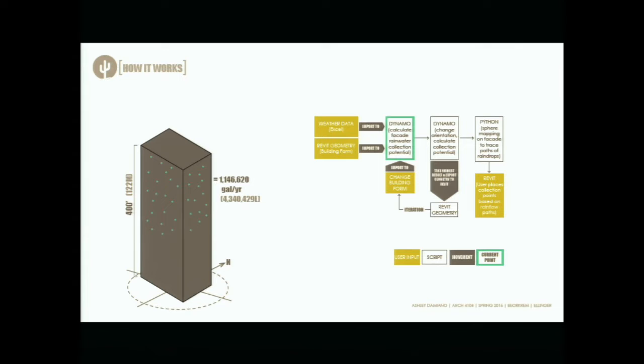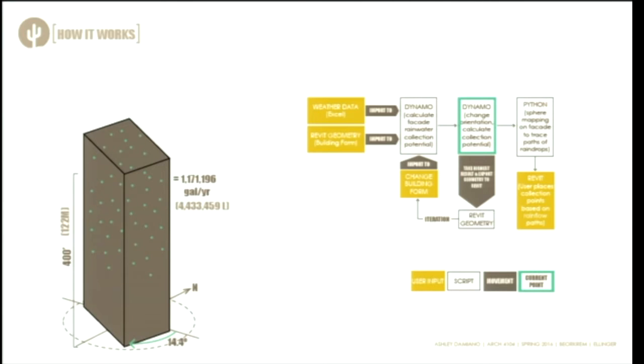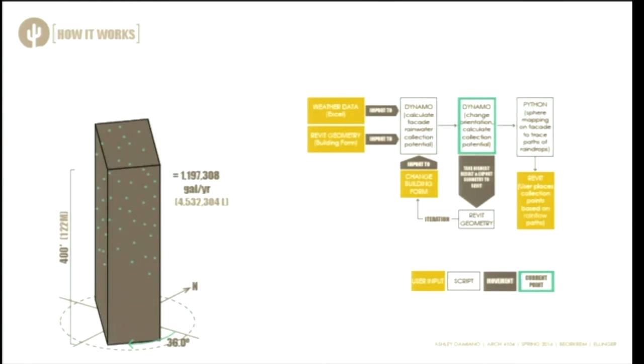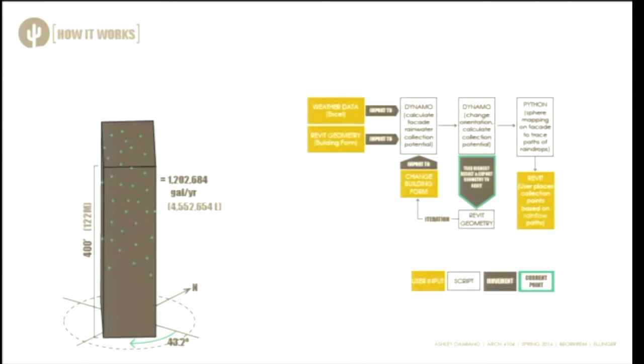Then the mass is reoriented on the site, also user controlled by how many orientations it cycles through, depending on how accurate you're trying to get with this. And then it exports the optimal orientation of the site back into Revit. So you have 2 orientations to compare in Revit.